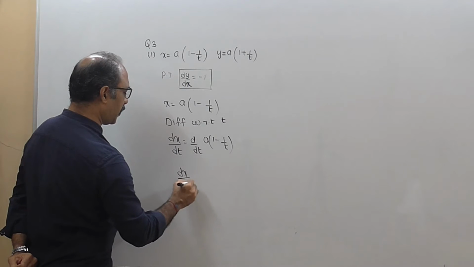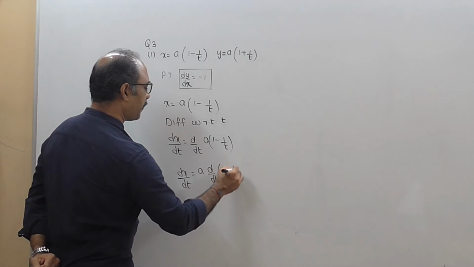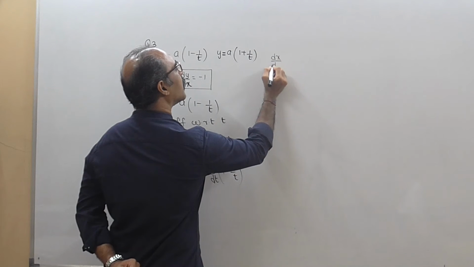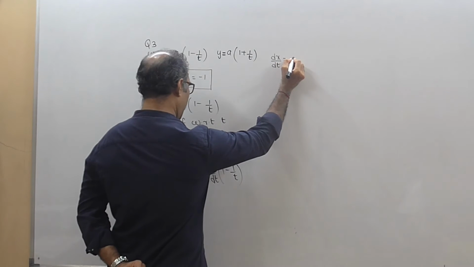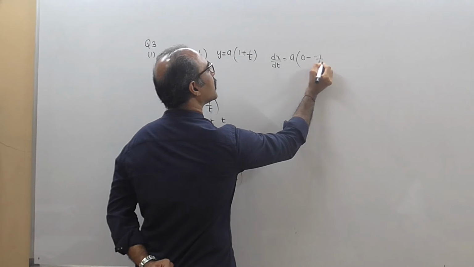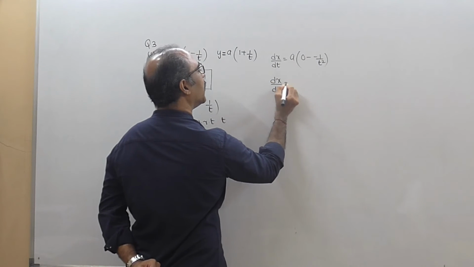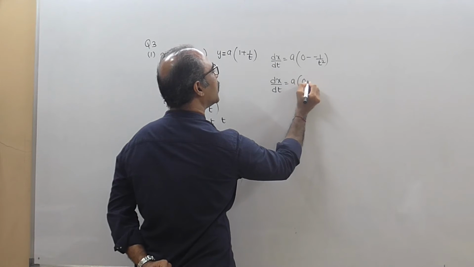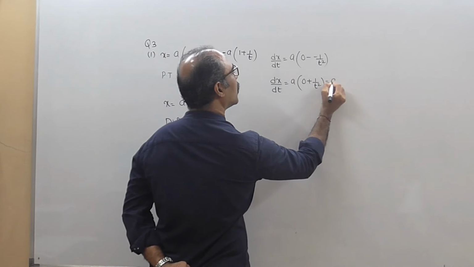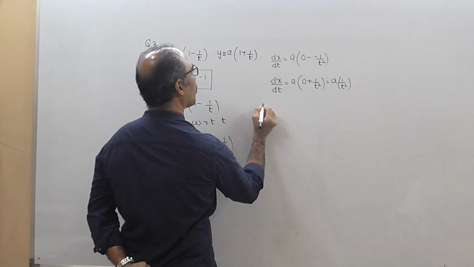We get dx upon dt, a is a constant, out, d by dt of 1 minus 1 upon t. So we get dx upon dt, a, derivative of 1 is 0, 1 upon t is minus 1 upon t square. dx upon dt equal to a into 0 plus 1 upon t square, that is equal to a multiplied by 1 upon t square.